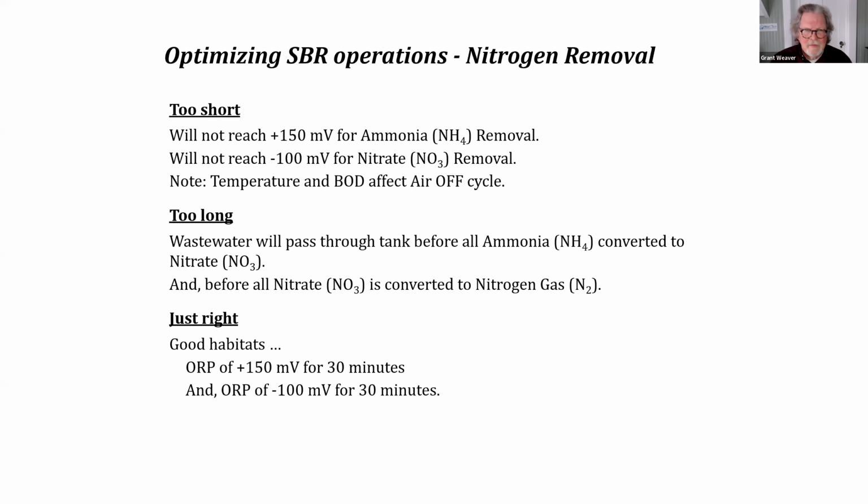And these numbers are places to start. You may find that you only need 5 minutes once you reach your targets, because the transition time is getting you where you need to be. Good place to start.